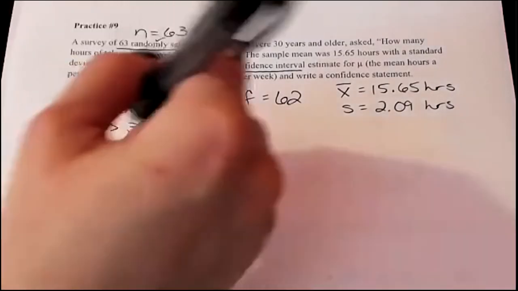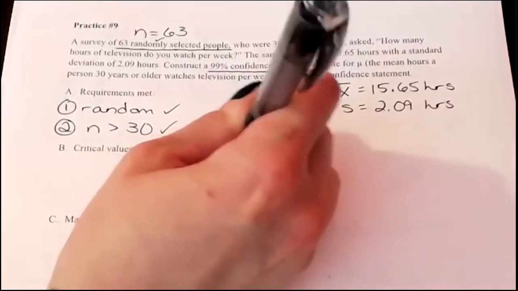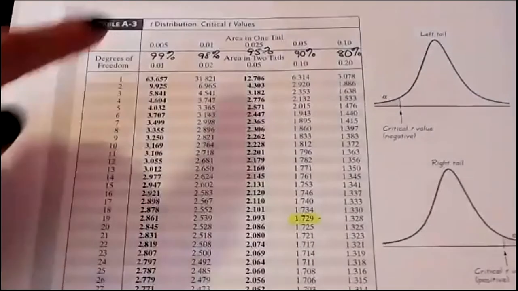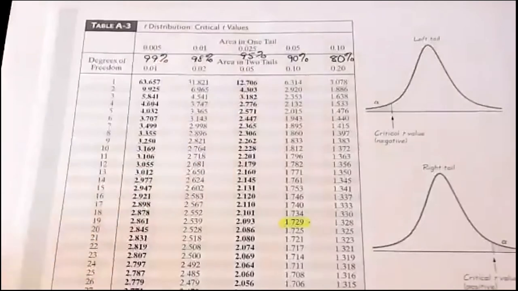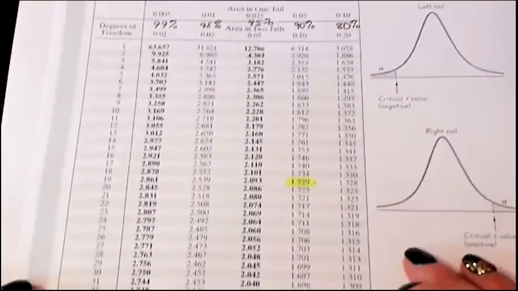So again, note for our critical values, we're looking at the 99% confidence. So we're going to go to the very first column in our chart, which we've labeled 99%, and we want degrees of freedom 62. So we're going to find the closest one.